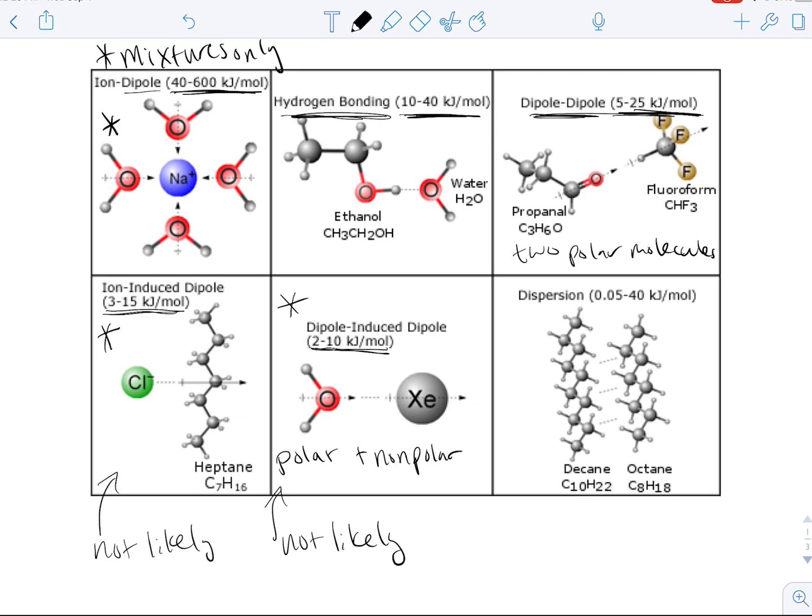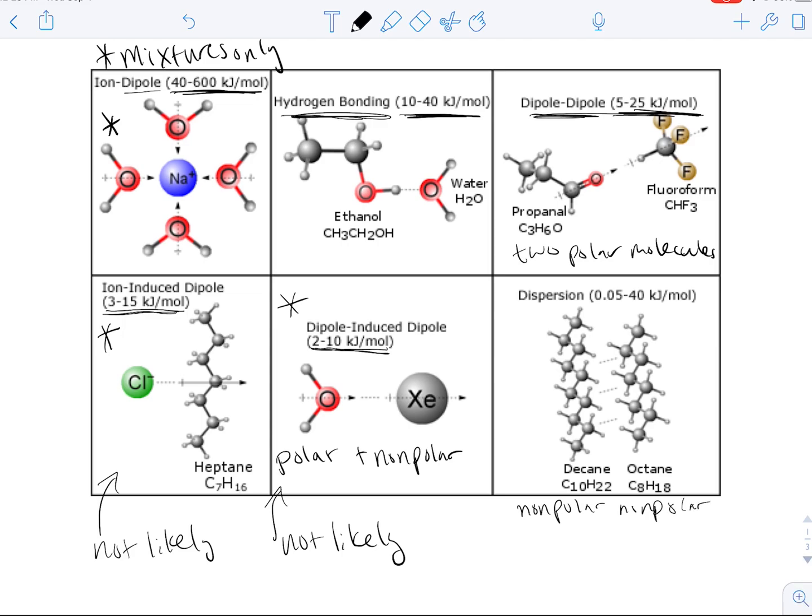And our last one is dispersion forces. Dispersion forces are two nonpolar, and this is very likely to occur.